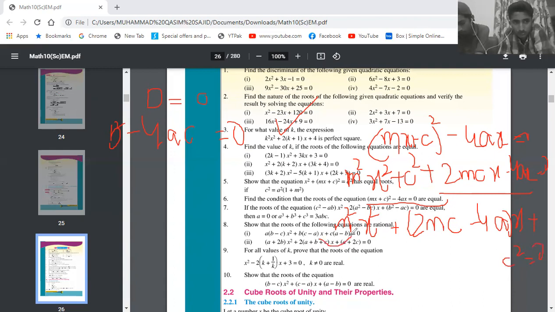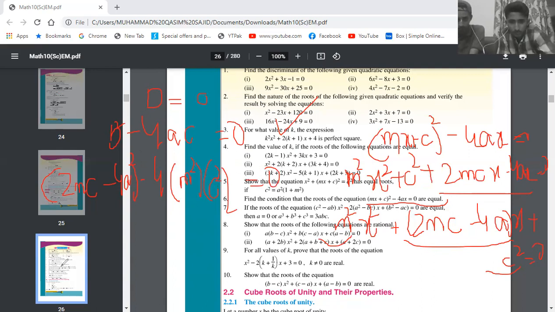So the coefficient of a is m square, this is the coefficient of b, and this is the c. So b square means 2mc minus 4a whole square, minus 4 into the value of a which is m square, and the value of c is c square, equals to 0. Now 2mc taking the square gives 4m square c square.